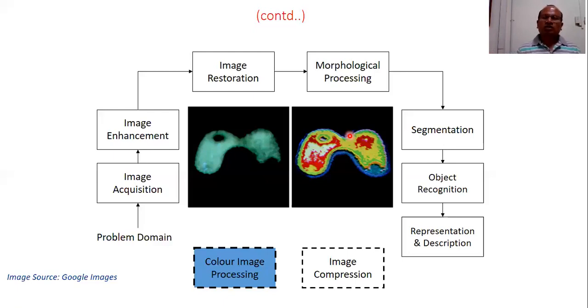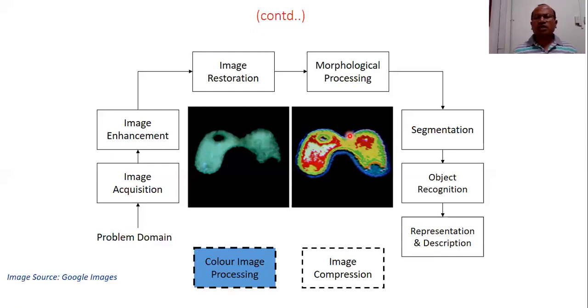And number two, the processing speed, which otherwise would have been slow, would be addressed. It means the processing speed will also become good when the images are compressed before they are subjected to an image processing method.